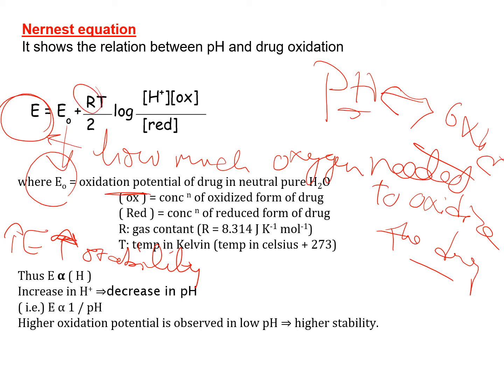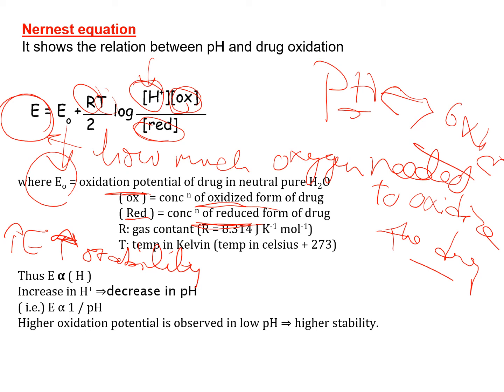R is the gas constant, T is temperature in Kelvin because temperature will affect everything, and Ox is the concentration of the oxidized form of the drug. Red means the concentration of the reduced form of the drug. And H plus is the concentration of hydrogen ion.